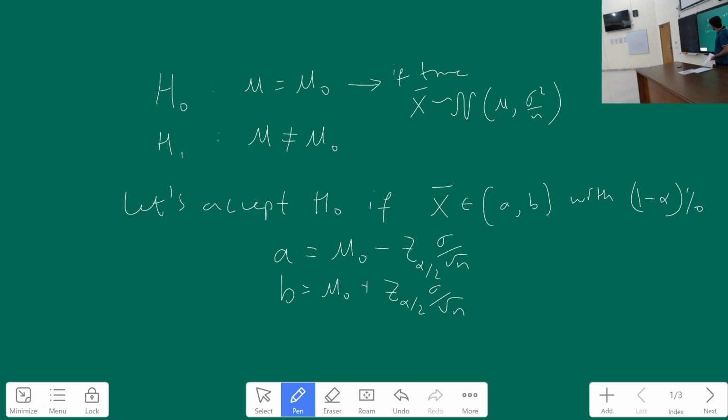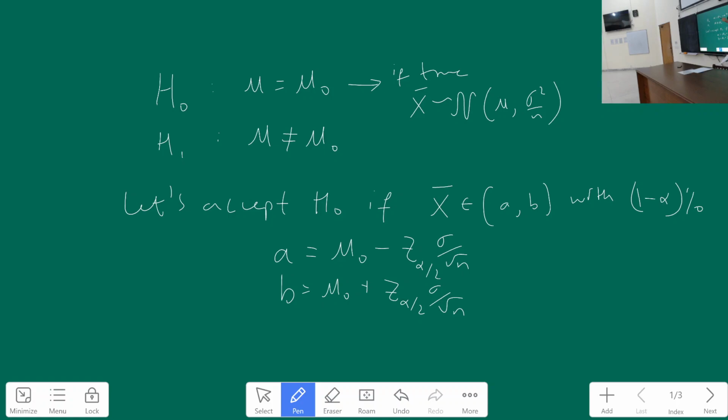We said the null hypothesis is that the mean is mu naught. Alternate hypothesis: mean is not mu naught. Said okay, let's accept H naught if x bar falls between a and b with confidence level 1 minus alpha percent, like 95%. Then we said okay, one good measure for a and b would be to have them around the mean, my estimate of the mean.